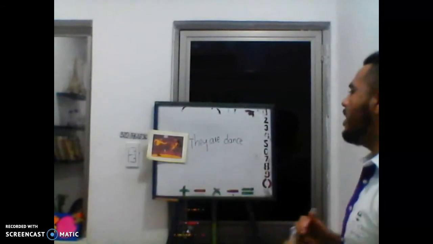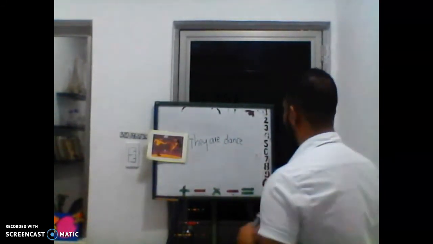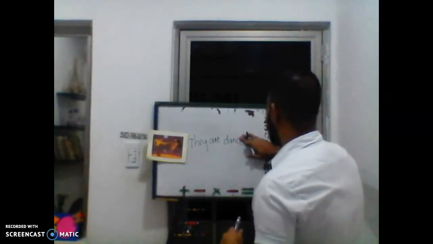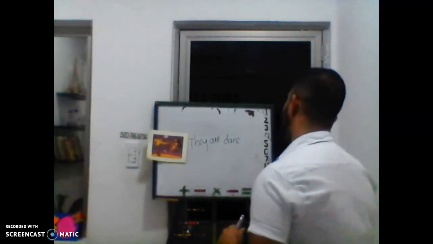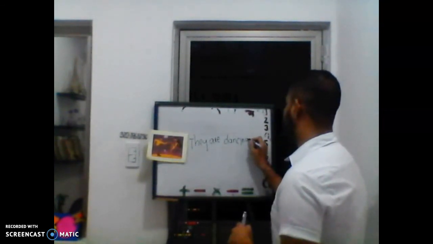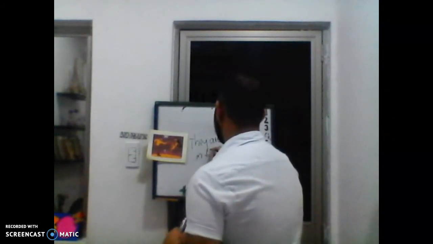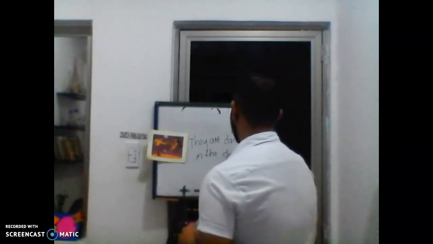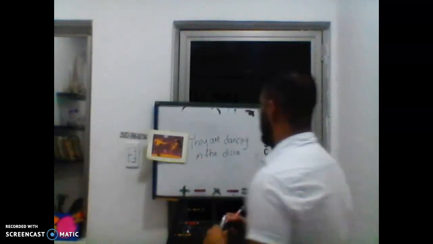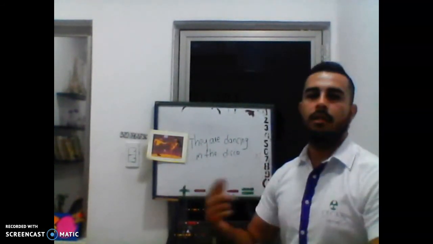Yes, alright, they are dance. This is good, but not quite right. So, to the verb we add ING. They are dancing in the disco. Well, the complement. Very good. Do you understand? Well, let's continue.